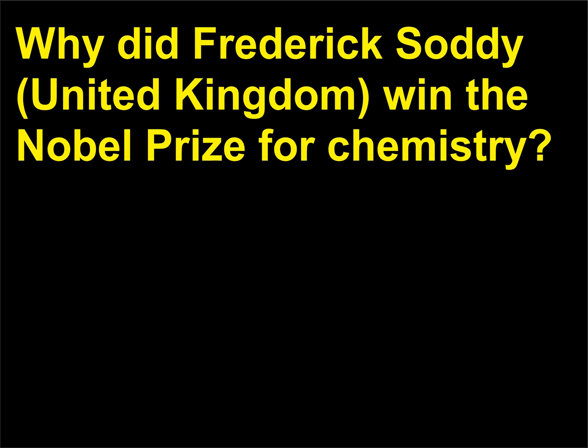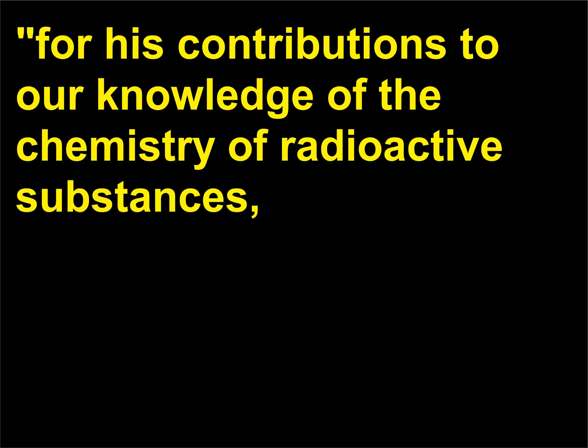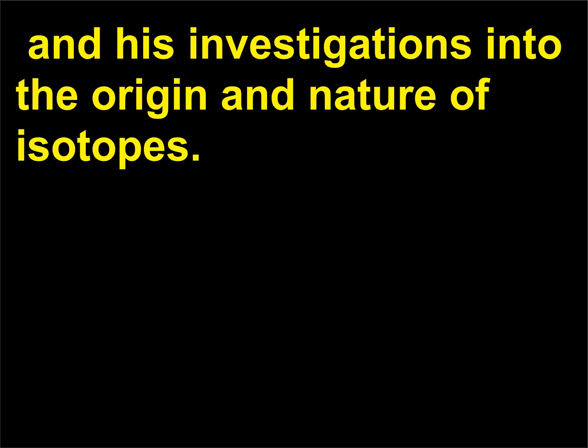Why did Frederick Soddy, United Kingdom, win the Nobel Prize for Chemistry? For his contributions to our knowledge of the chemistry of radioactive substances, and his investigations into the origin and nature of isotopes.